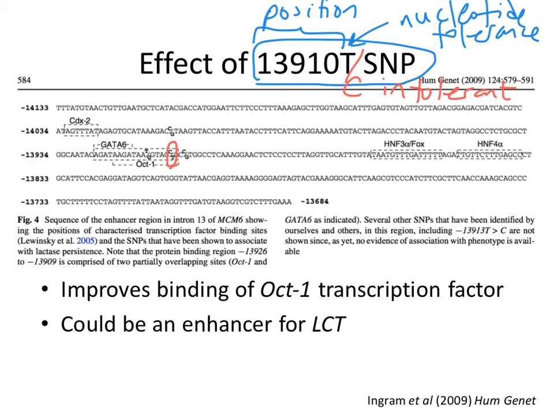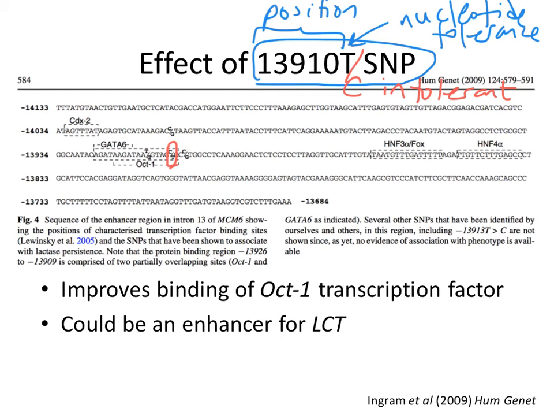So a mutation really far away from the gene has an effect if, for example, that mutation either makes an enhancer sequence or abolishes, gets rid of a DNA sequence that a transcription factor would normally bind to.